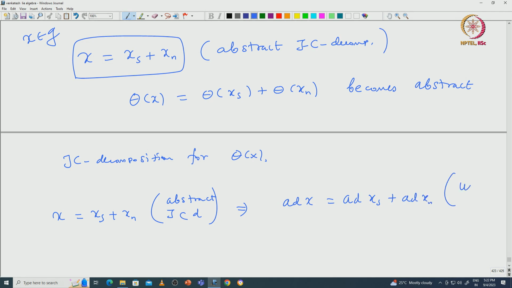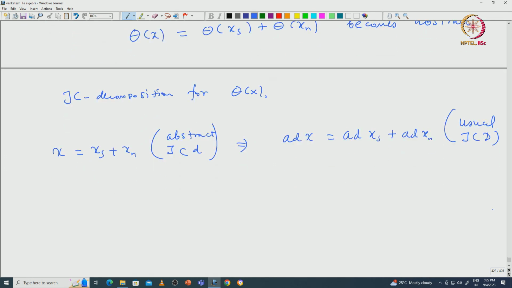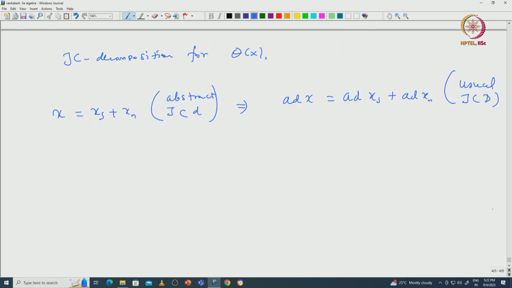So, this is the usual Jordan decomposition. If you apply theta, you get from this the equation add of theta of x is equal to add of theta of xs plus add of theta of xn.